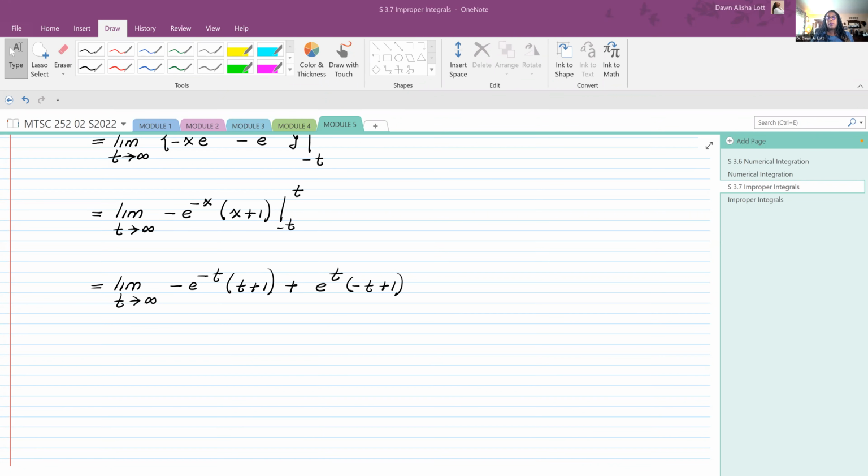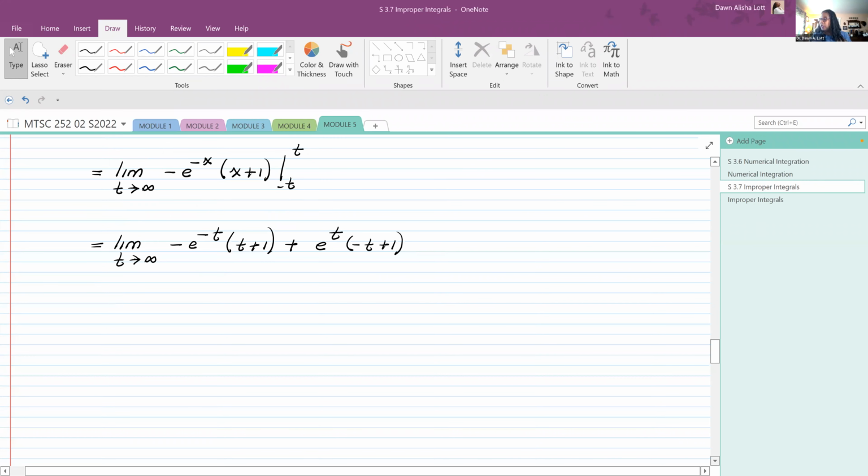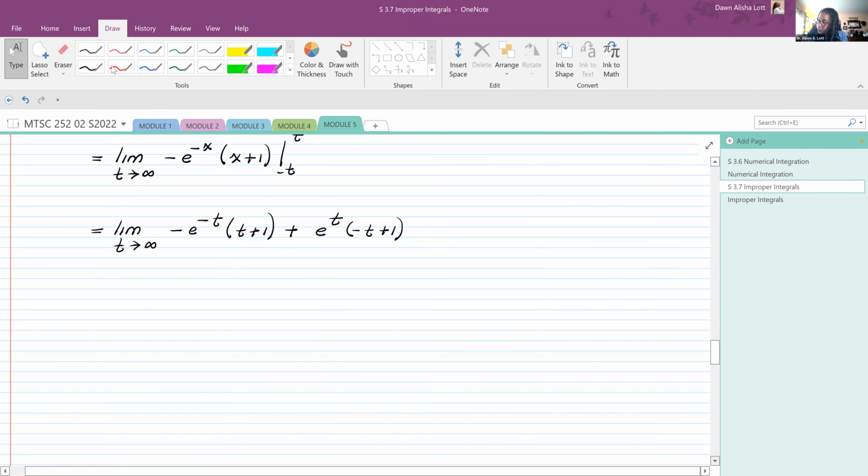Things happen. Okay, so this is where we were. So why don't we evaluate them separately? So let's do the first piece. That's going to be the limit as t approaches infinity of, don't have to worry about the negative, but I'll keep it, negative e to the negative t multiplied by t plus 1.